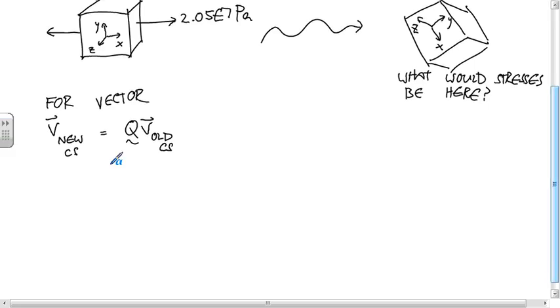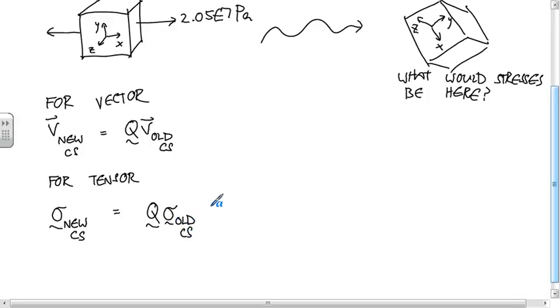For a tensor, the stress tensor in the new coordinate system is equal to the matrix Q times the stress tensor in the old coordinate system, and then right multiplied by the transpose of the rotation matrix.